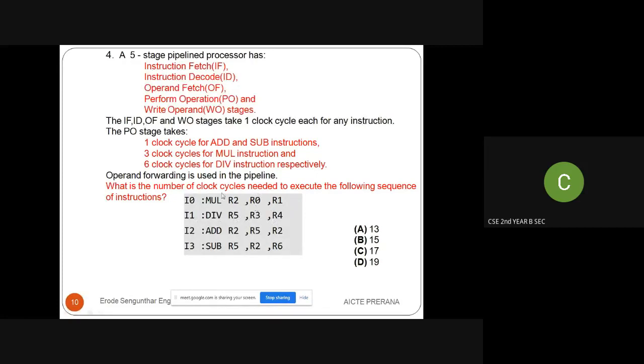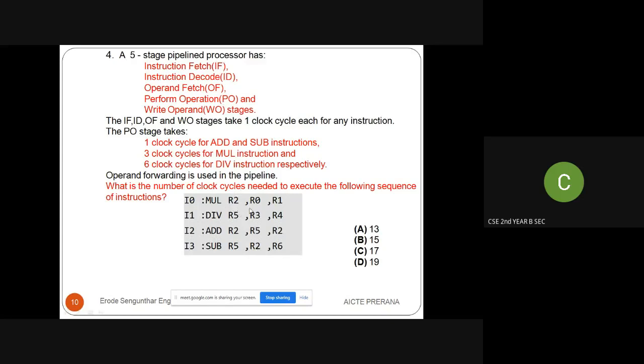Just consider I0 and I1. Here R0, R1, R2, R3, R4 and R5, so 6 different registers are used in this multiplication and division. Now consider I2. What does it imply? Adding R5 and R2, and the result will be saved in R2. For processing I2, we are in need of R5 and R2.